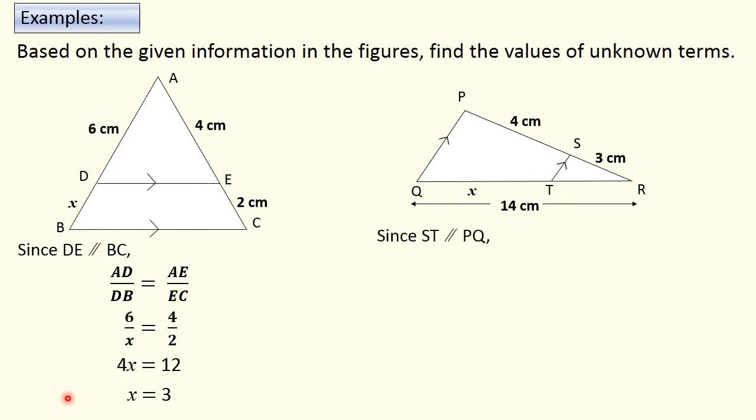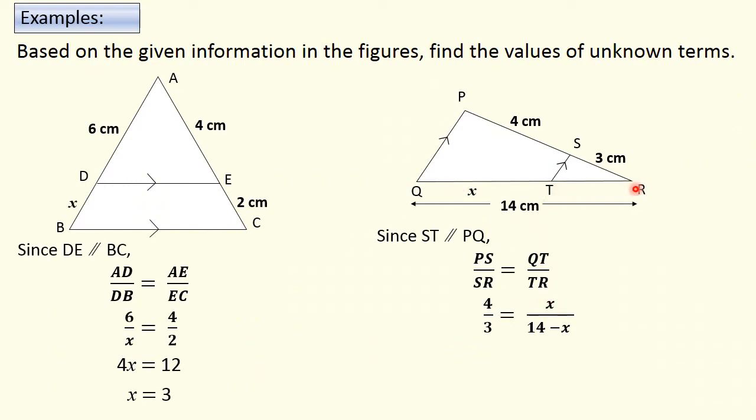Since ST is parallel to PQ, according to the theorem, the equation is PS over SR equal to QT over TR. Let's substitute the values. PS is 4, SR is 3, QT is x.